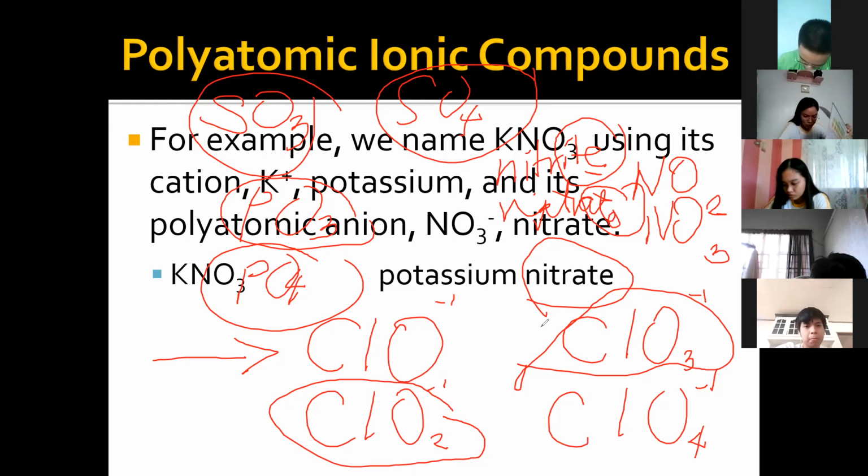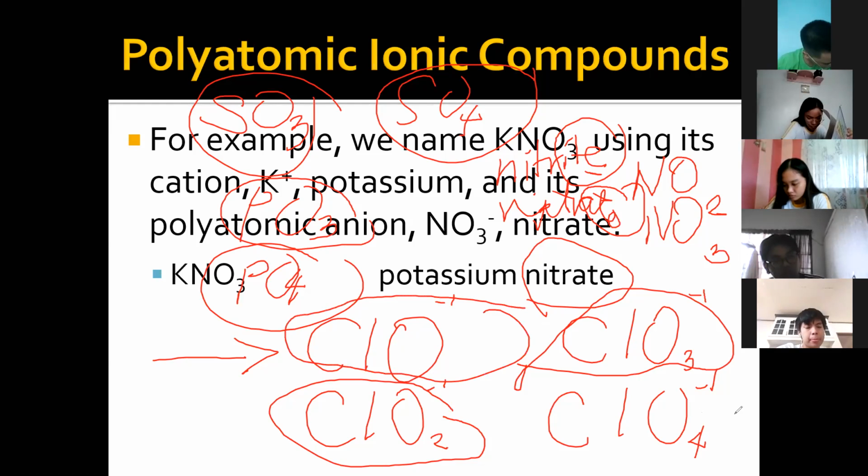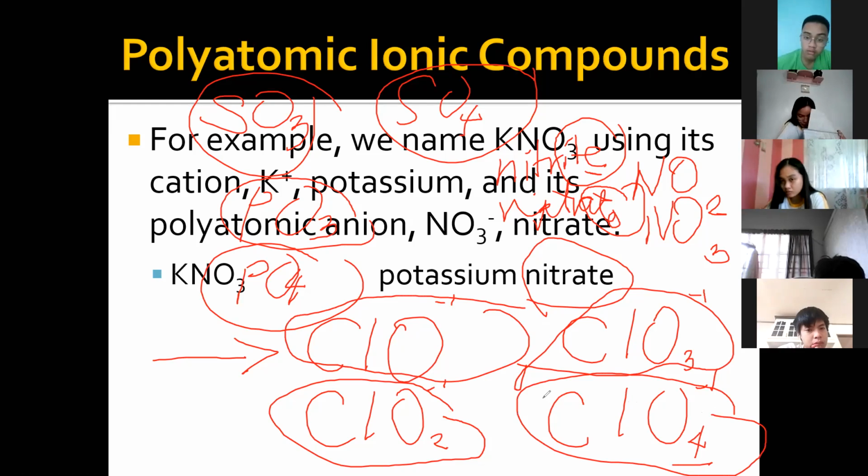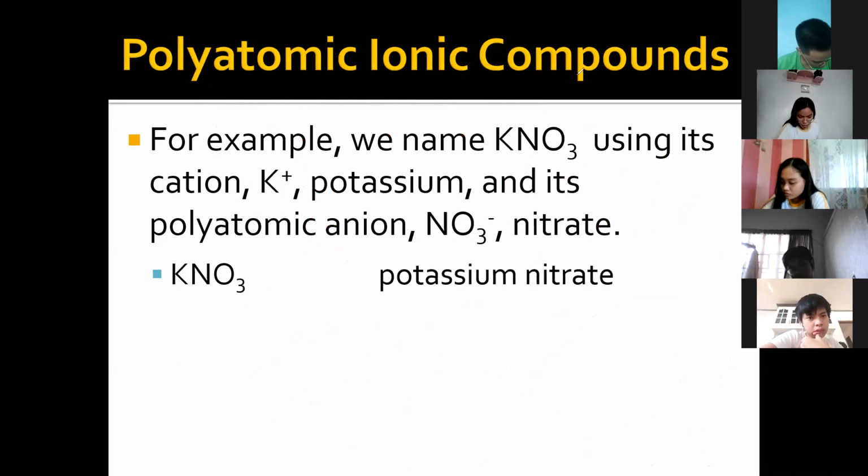For ClO, we have two extra names. The one with the least is hypo. The one with the most is per. Not hyper, but per. Perchlorate. We also have manganate and permanganate. There are a lot of things you need to look at in the periodic table. Master it, so naming is easy for you guys.